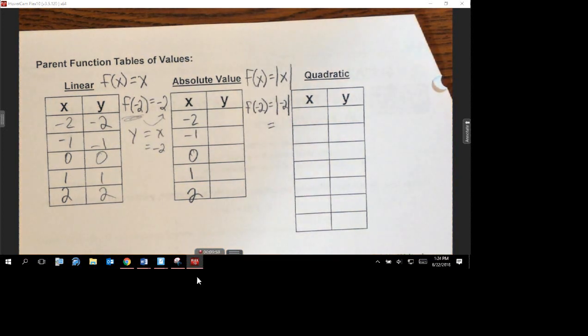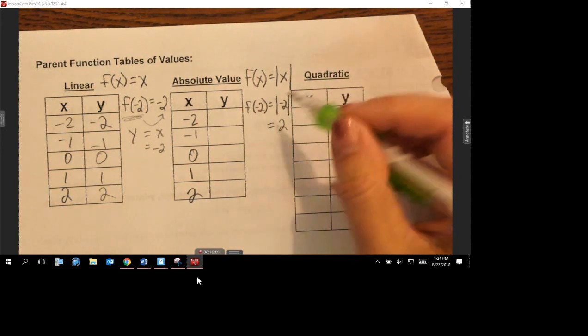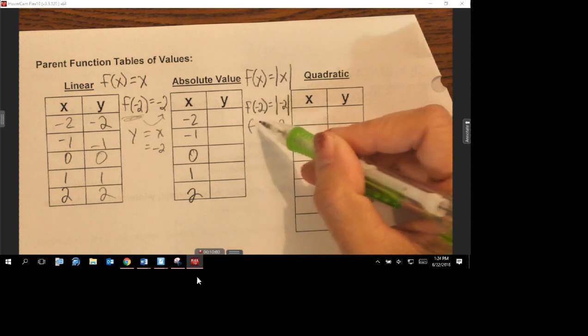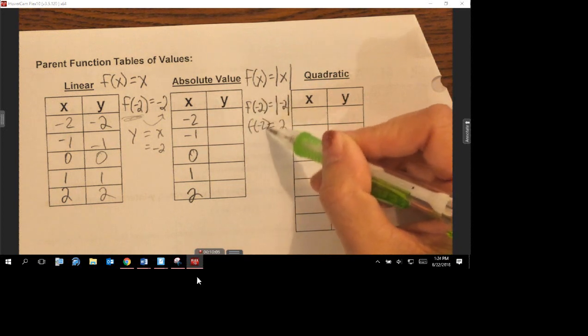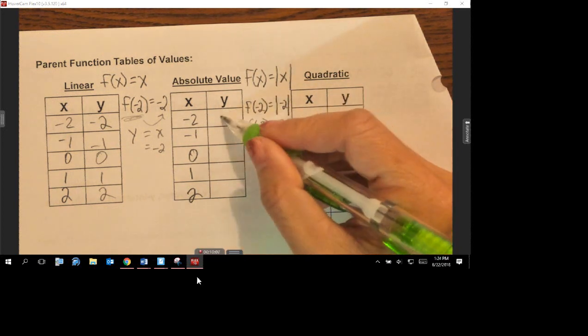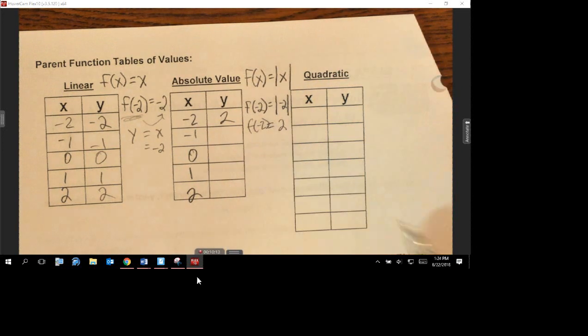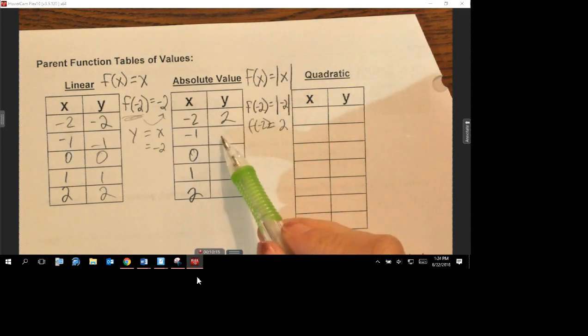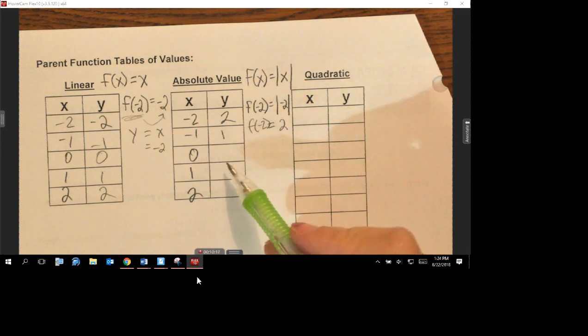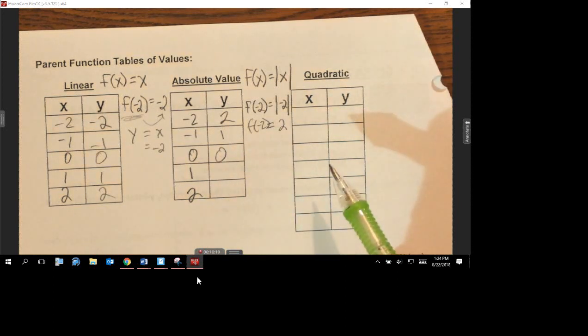I get out a +2. So f of negative 2 is equal to positive 2. When I put in negative 2, I get out positive 2. So if I put in negative 1, what do I get out? 1. If I put in 0, what do I get out? 0. What if I put in 1?